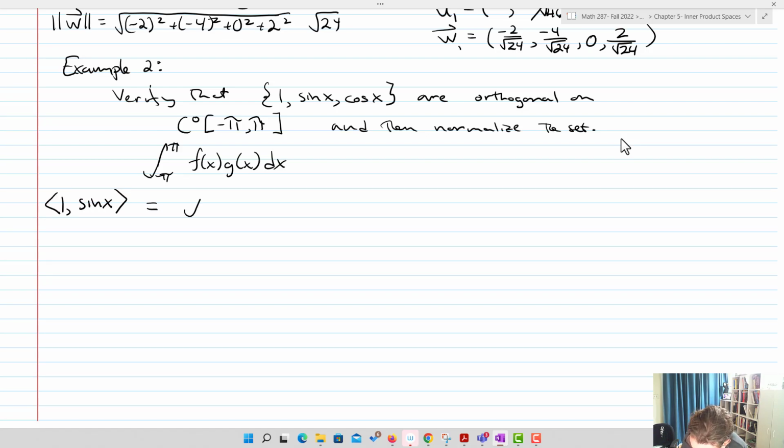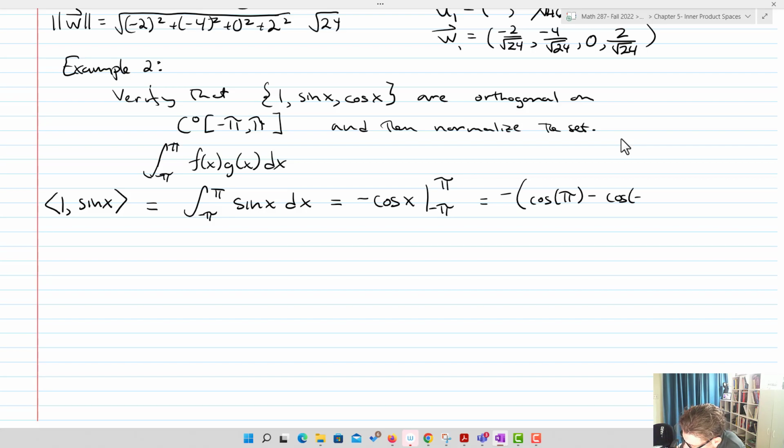This ends up equaling the integral from -pi to pi of just sine x dx. And so this ends up equaling negative cosine x evaluated from -pi to pi, which equals negative, cosine pi minus cosine of -pi, which just equals 0, because both of these are zeros.